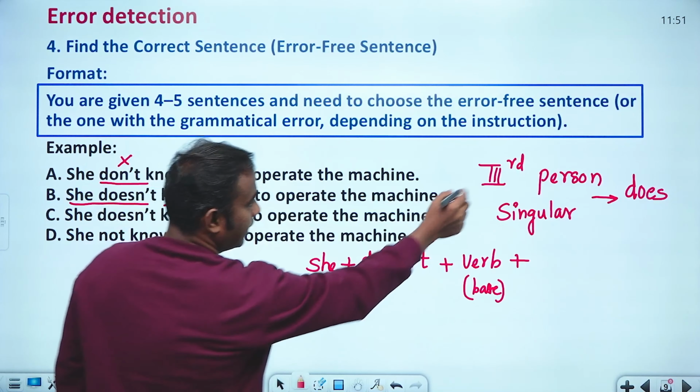The fourth one: "She not knows how to operate the machine." This is basically a film dialogue, like a William Shakespeare dialogue. Okay, so this is a drama dialogue. It is also acceptable, but that is a dialogue, and they are not asking about dialogue here.